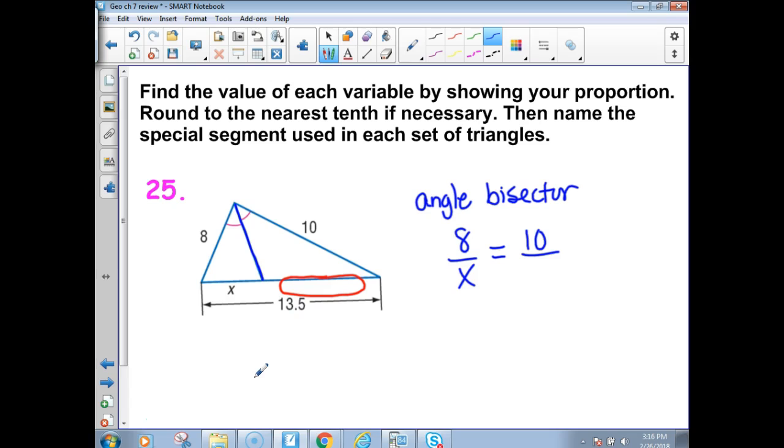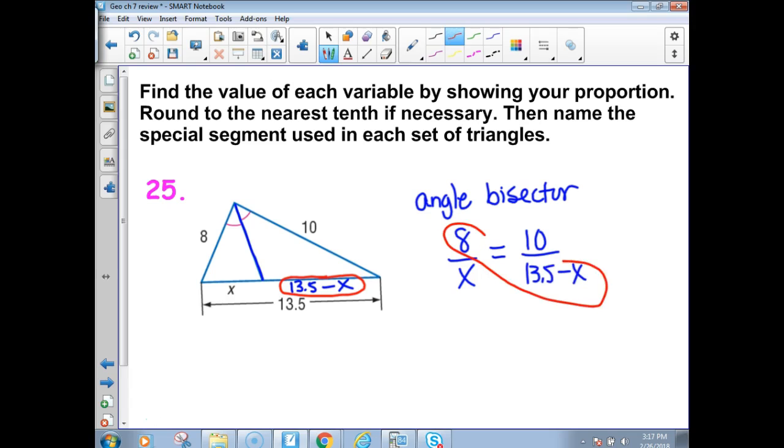Isn't this a lot longer than that? So x is going to be smaller. We don't want to assume, but we're going to have to do 13.5 minus the littler one, x. We have to fill in that as 13.5 minus x. So now we can do 8 is to x as 10 is to 13.5 minus x.